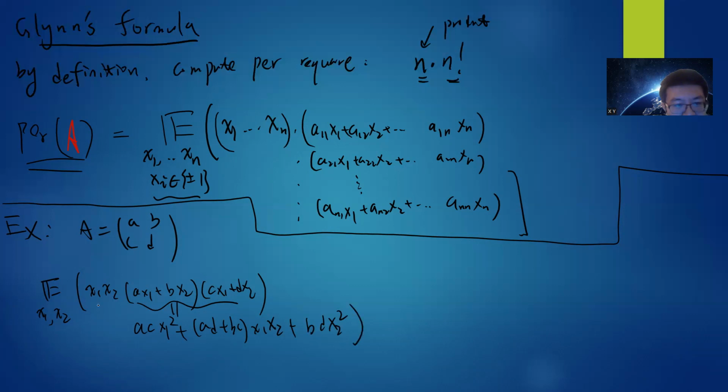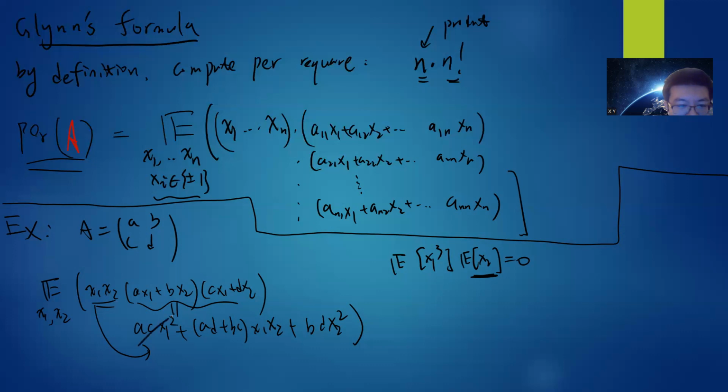If I multiply by x1 x2, then notice that one term gives you x1 cubed x2, so I compute the expectation value of x1 cubed and x2. Since they are independent, and the expectation value of x2 is plus or minus 1 averaged, it's 0.